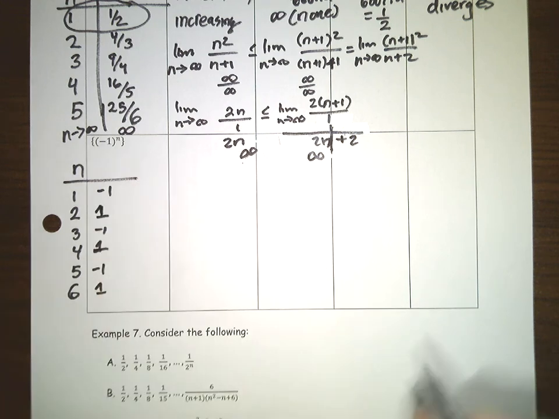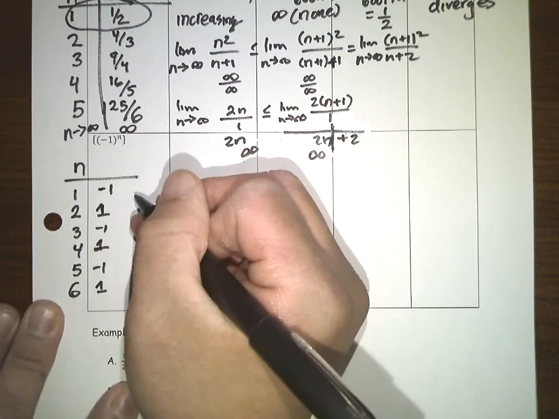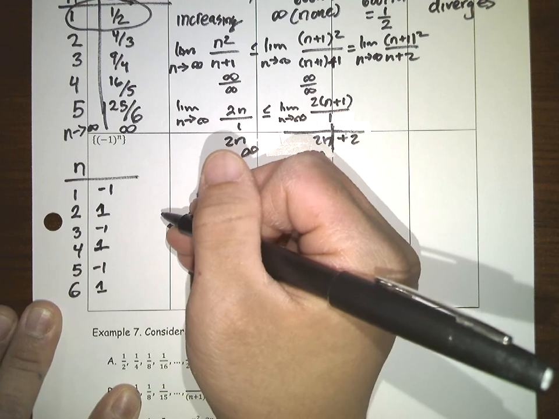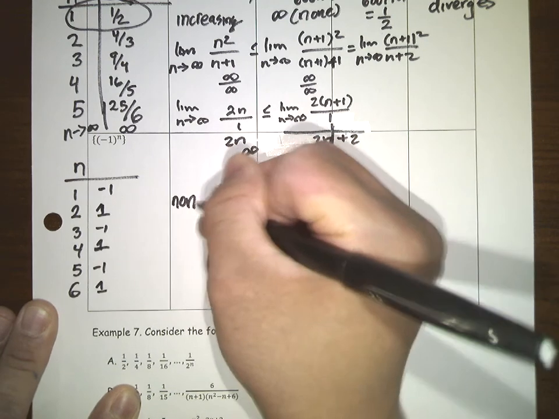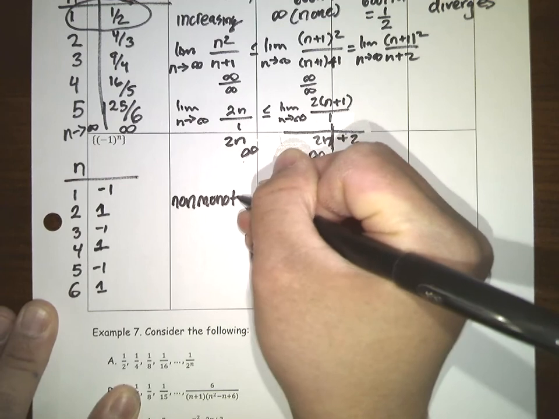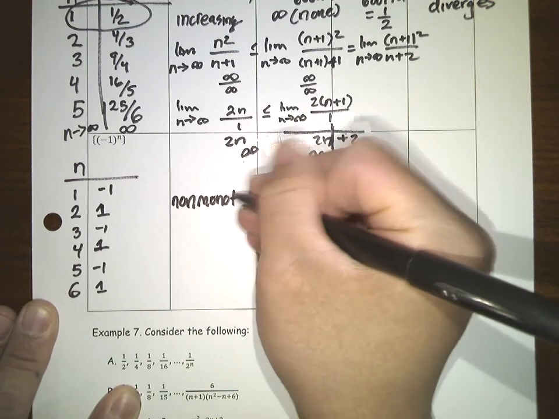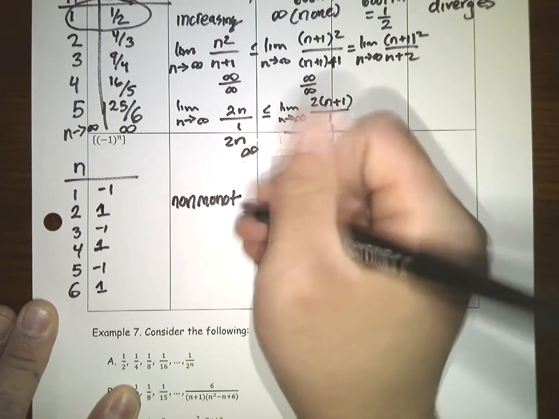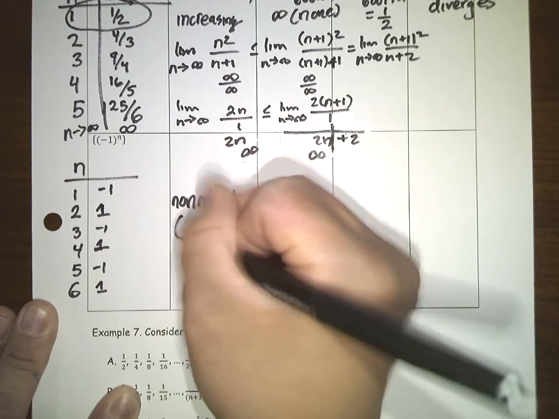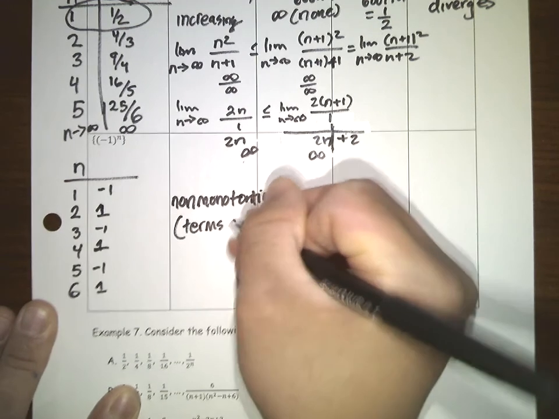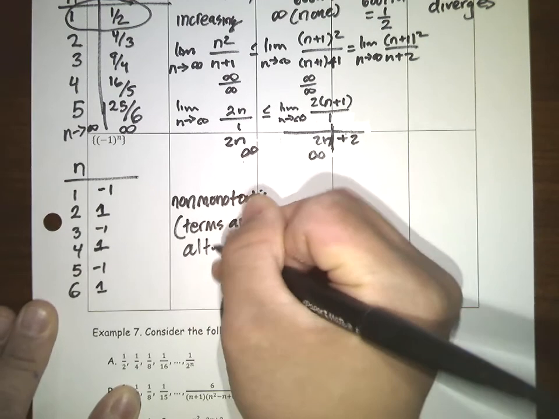So what we see here is that this is not monotonically increasing or decreasing. So this is non-monotonic because the terms are alternating.